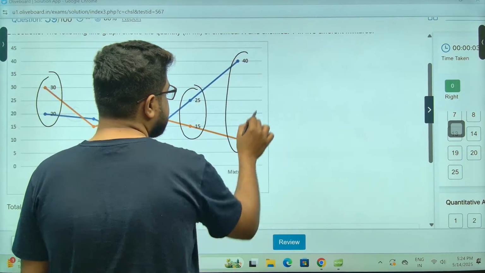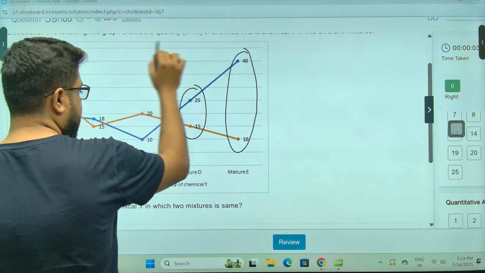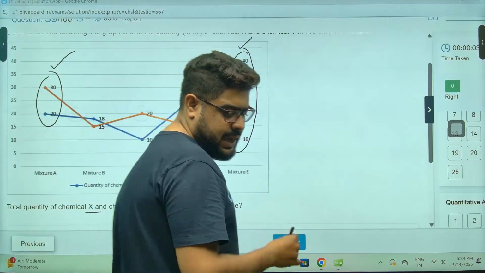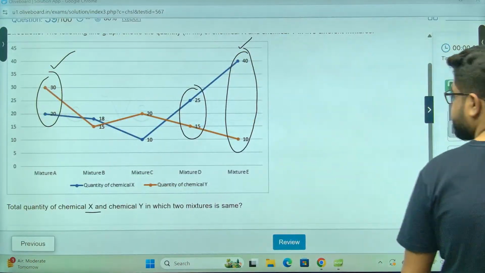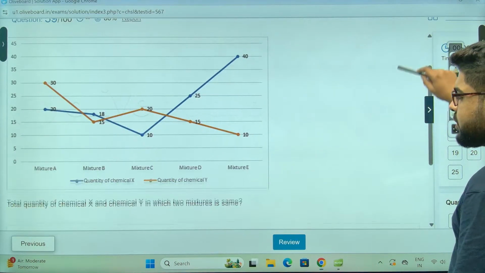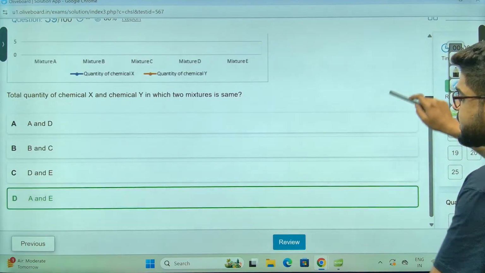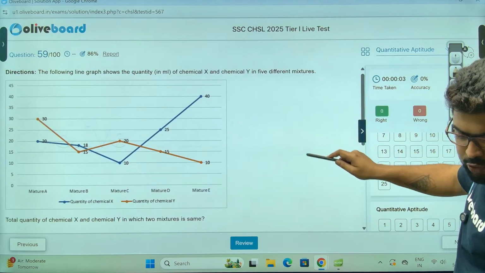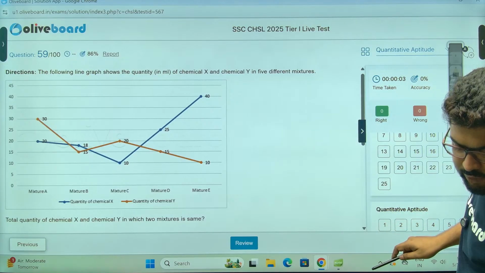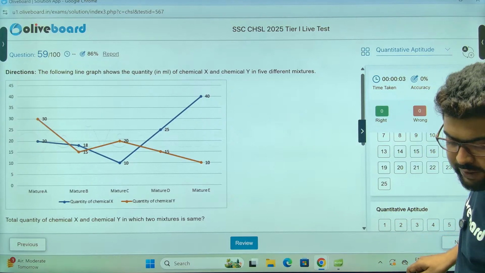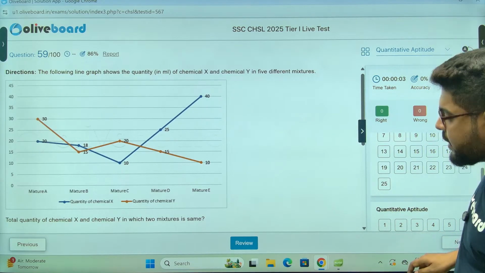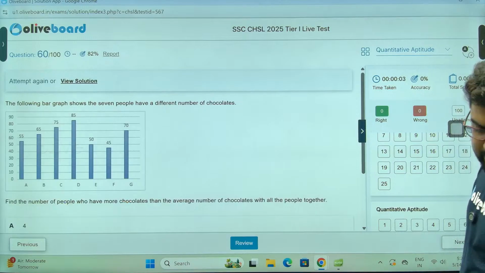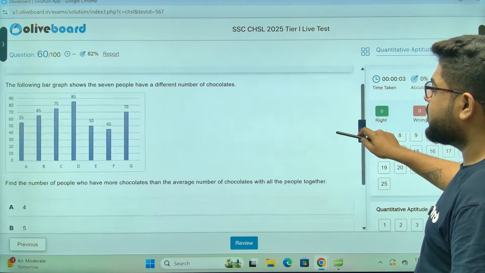This is 50, sir. So this A and E is the same, sir. Option I have to check. A, E, option D, sir. You see, total A plus both the things. Total is same where, that is something we needed to find. That is what we have found as well.